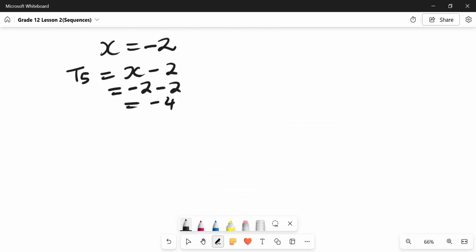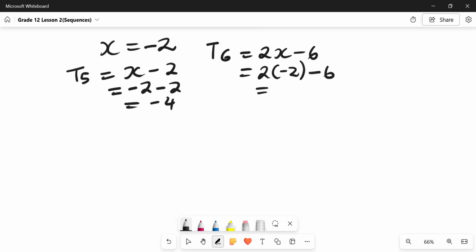And then for T6, we have 2x minus 6. This is 2 times minus 2 minus 6 there. This will give us minus 4 and minus 6, which is minus 10. Same applies to T7. When we follow the same procedure for T7, we get minus 16. I'm just substituting, guys, right?